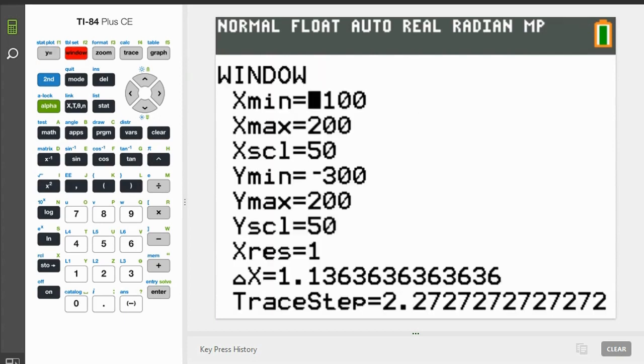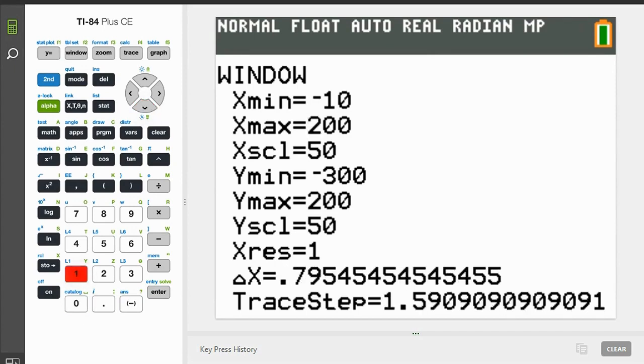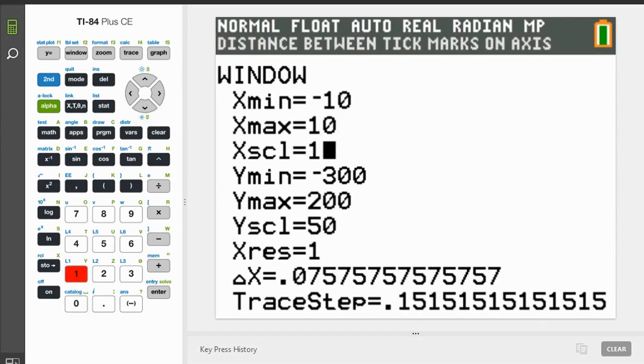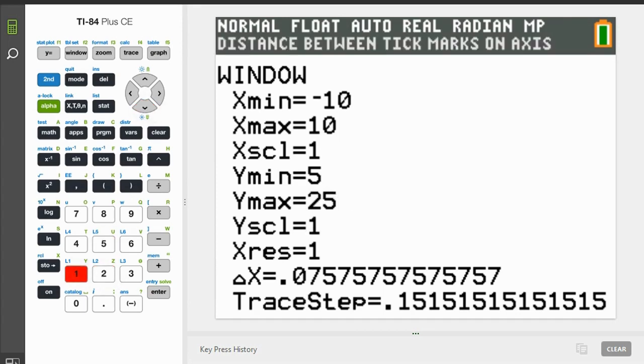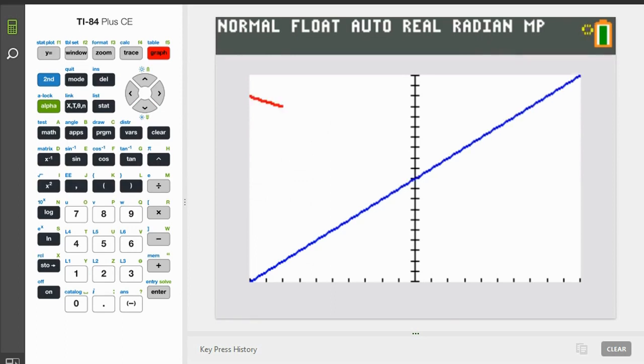Maybe I might want to make a window where my x remains negative 10 to 10, but my y value might be, oh, I don't know, 5 to 25. I might want to go from 5 to 25 because my y-intercepts in this problem are 15 and 18. So that gives me a much closer, in-depth look at what's actually going on with these lines.